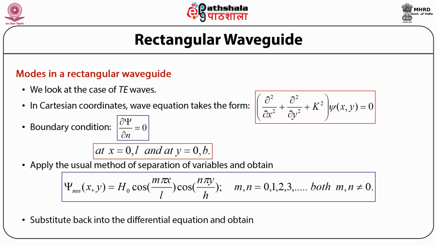Substituting this value of psi subscript mn, where mn denotes the mode of the transverse electric wave, we get capital K square subscript mn equal to pi square times bracket open m square by L square plus n square by b square bracket close.